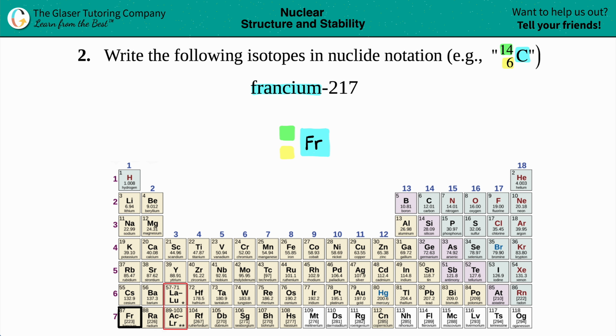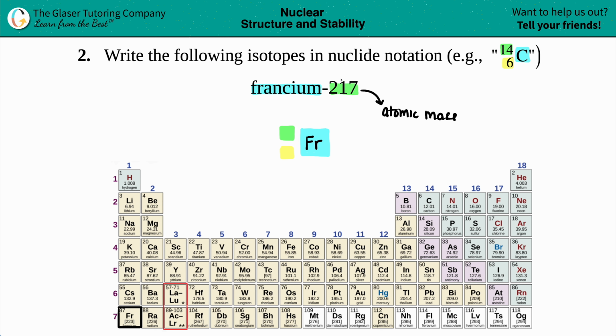Now, let's talk about this 217. Anytime that they give you this isotope notation, so francium-217, carbon-14, nitrogen-15, it doesn't really matter, that number is always talking about the atomic mass. Now, there are 2 numbers here. We have to figure out where each goes, on the top or the bottom.